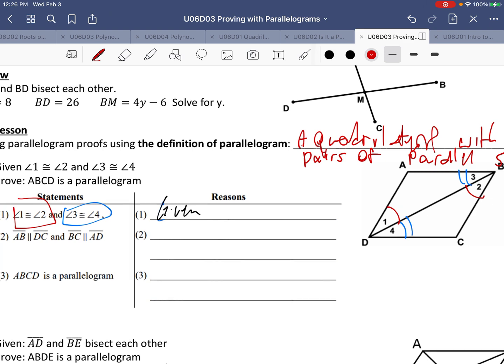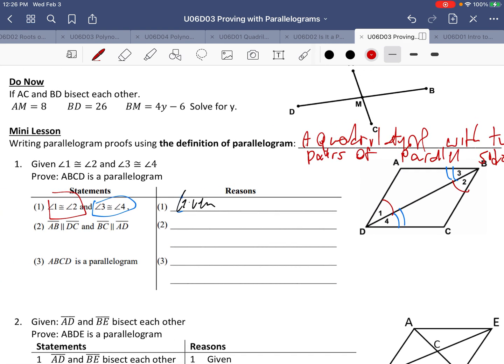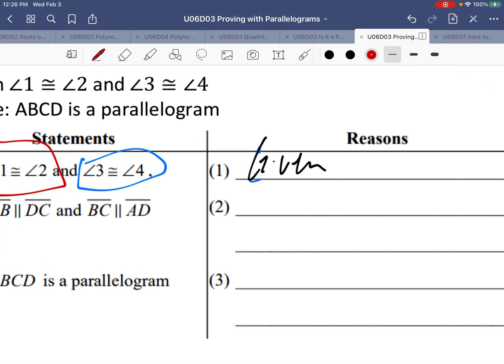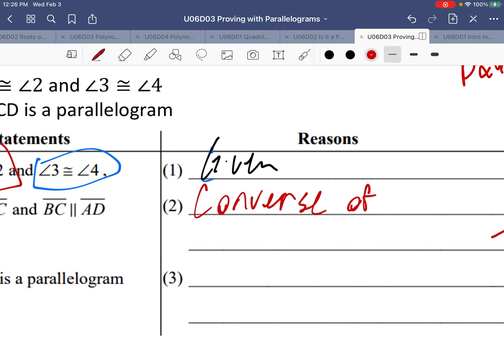Now, if angle 1 and 2 are congruent, we can say that AD and CD are parallel. We get this classic Z shape. This classic Z shape is an indicator that using this transversal, these lines must be parallel because of the converse of the alternate interior angle theorem.